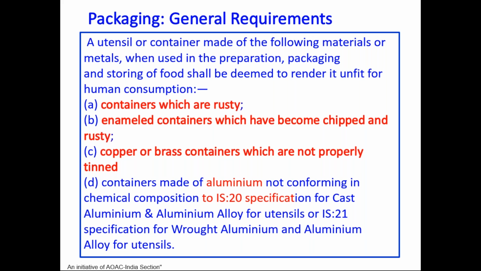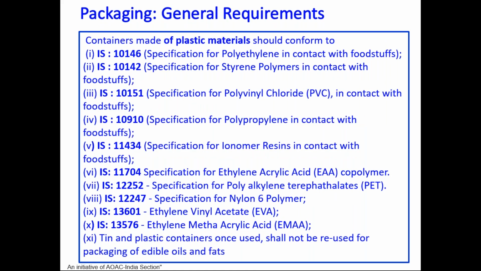When it comes to plastic packaging materials, several standards are available. If you use polythene, it should follow IS 10146. If you use PVC, it must follow 10151. If you use ethyl acrylic acid, it must use this standard.